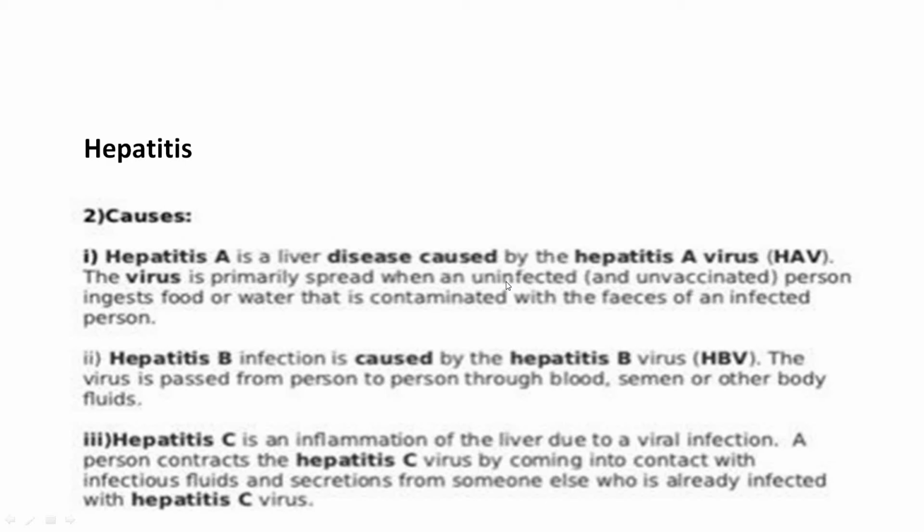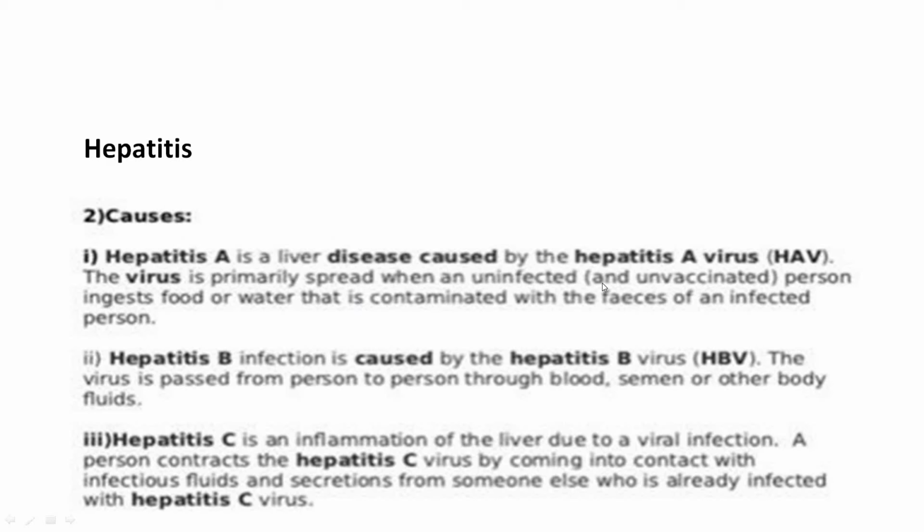A person becomes infected when they ingest food or water that is contaminated with the feces of an infected person. So it is spreading through contamination with the feces of an infected person.